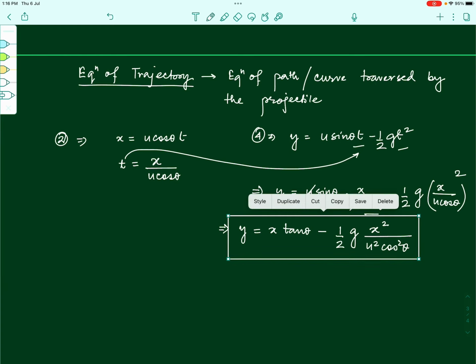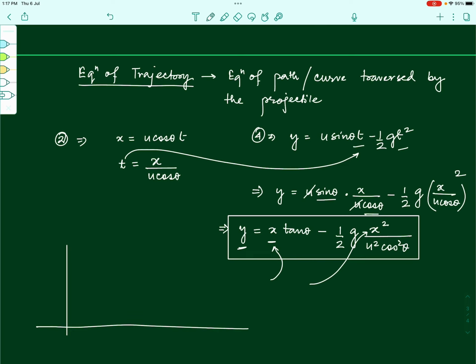See that this equation connects the x coordinate and the y coordinate together. You put any value of x over here and you get the corresponding value of y. So, on the path that the projectile takes, you put any value of x and you get the corresponding value of y, so that the coordinates of that point will be (x, y), isn't it?